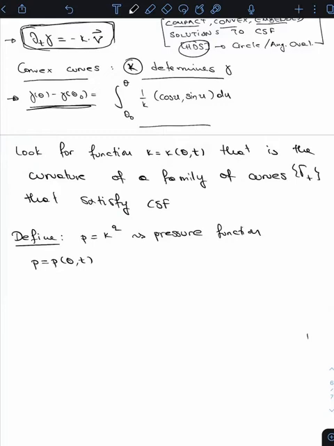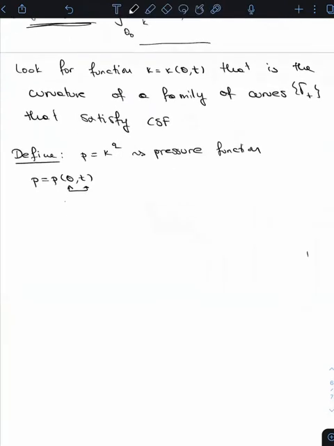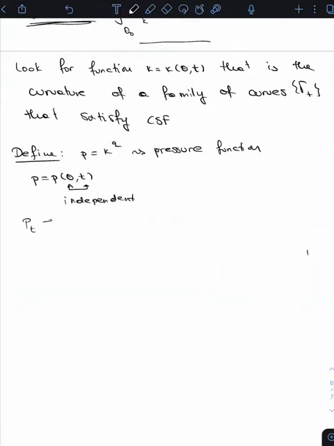This will be our parameterization, and we're gonna parameterize so that these two variables are independent. Okay, so what we want to compute is P_t, that is the evolution of the pressure under curve shortening flow.